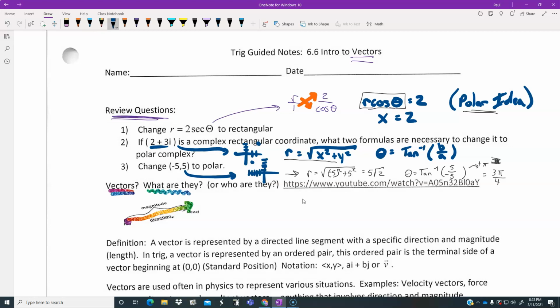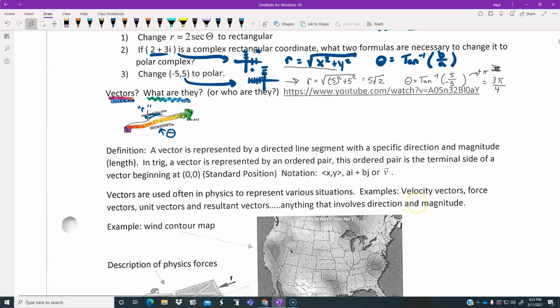It has a directional component, which we would think of in terms of theta, and it also has a size of the actual arrow, which is an idea about magnitude. We'll think about magnitude as kind of an idea like r. R, or radiuses, were very similar to magnitude kinds of concepts. So a vector, its direct definition, is a representation of a directed line segment.